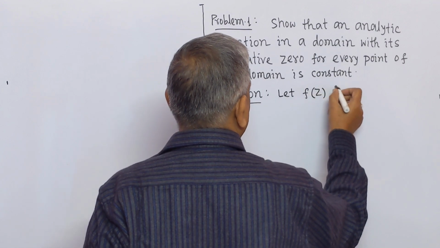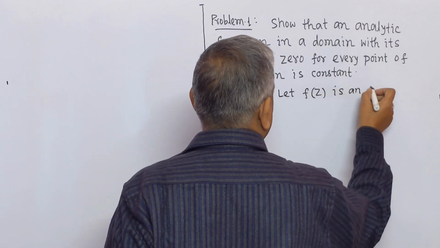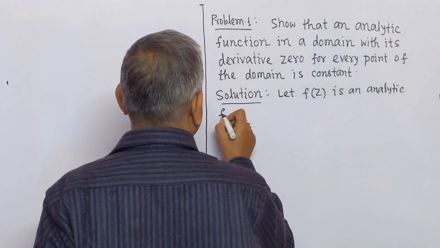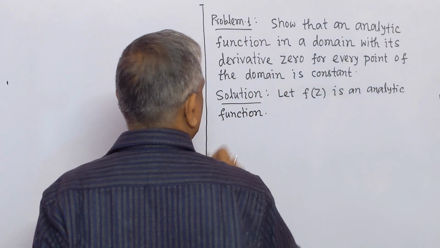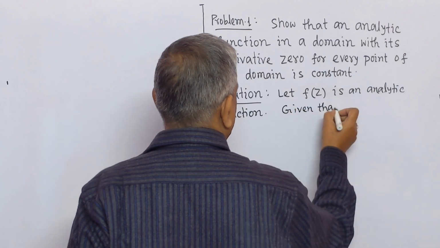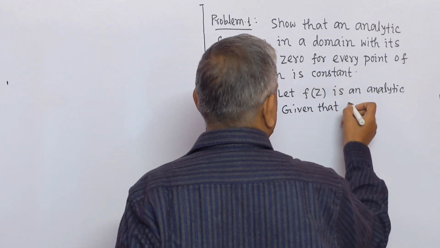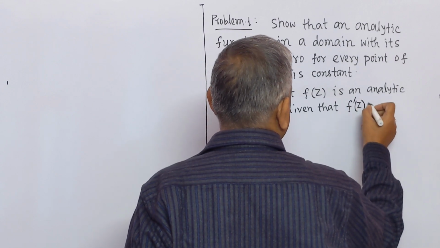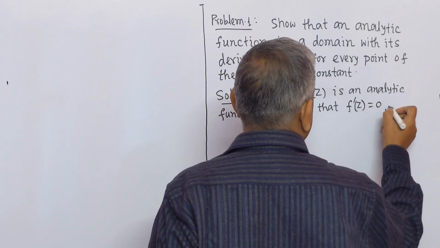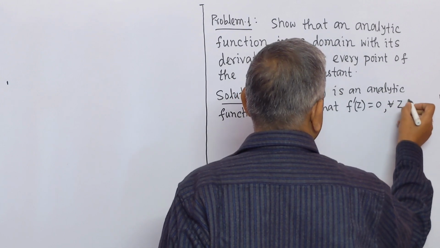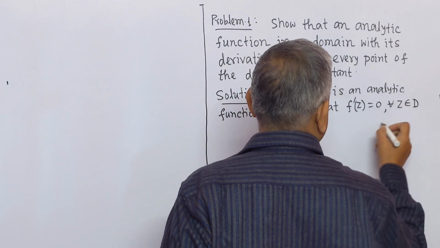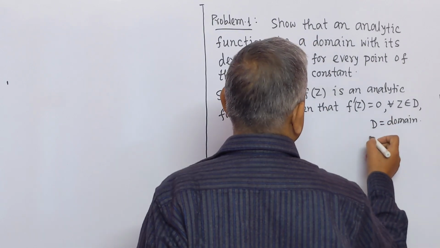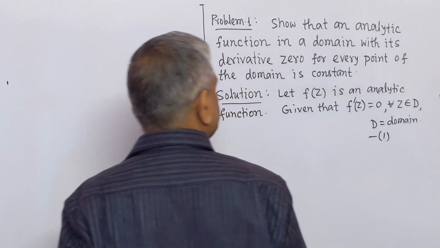Let f(z) be an analytic function, given that the derivative of f(z) is 0 for all z belonging to D, the domain. This is number 1.